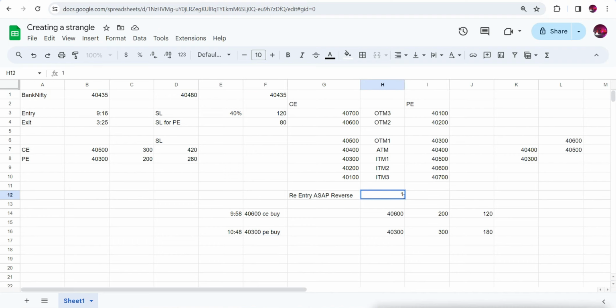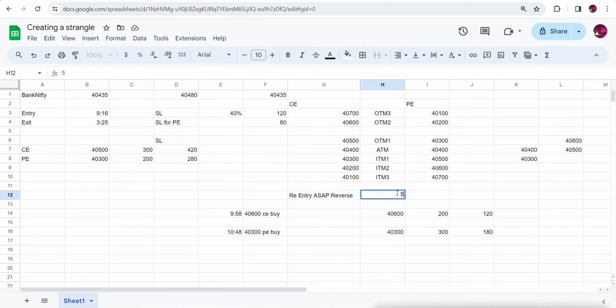Similarly, if we enter 2 here, it means that it will re-enter 2 times if our stop loss was hit. The first time our stop loss was hit at 9:58, it took a reverse position. Again, if our stop loss is hit on the same day at any other time, it will reverse this position to CE sell. So it will keep on reversing that position according to the re-entry number you enter in ASAP reverse.